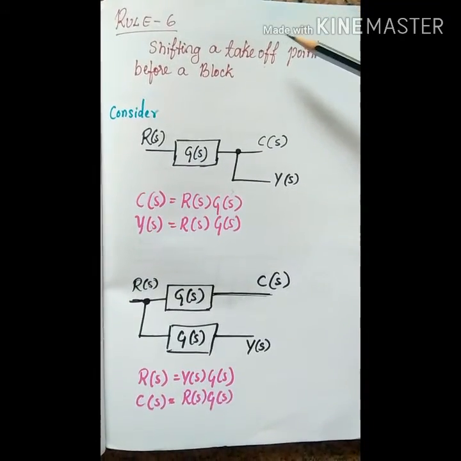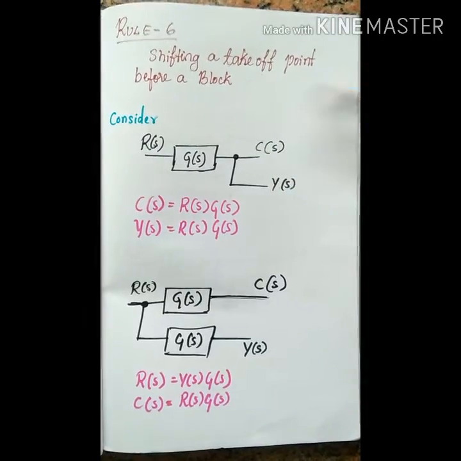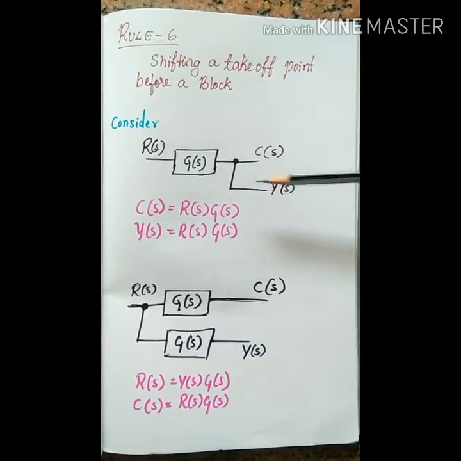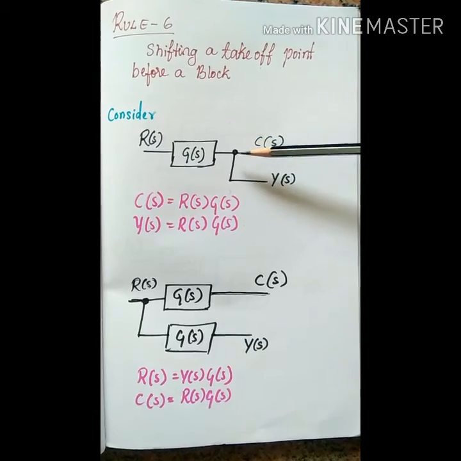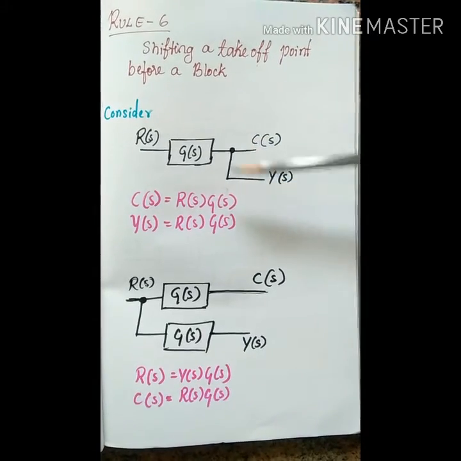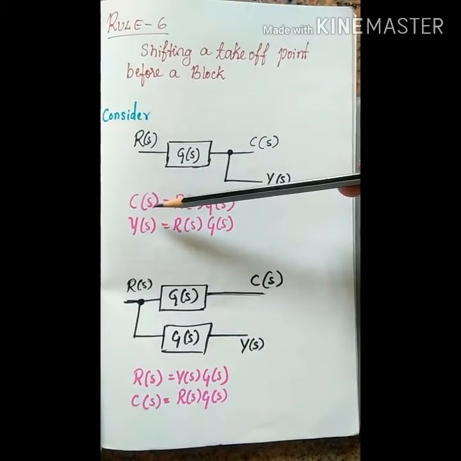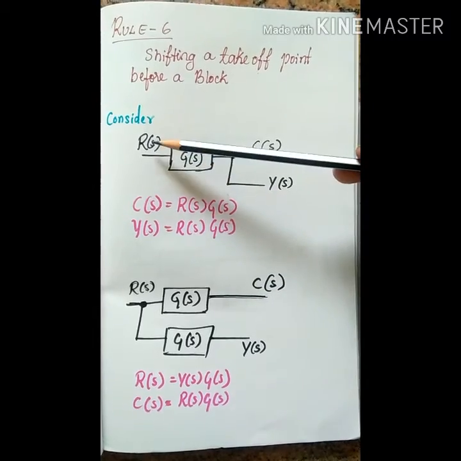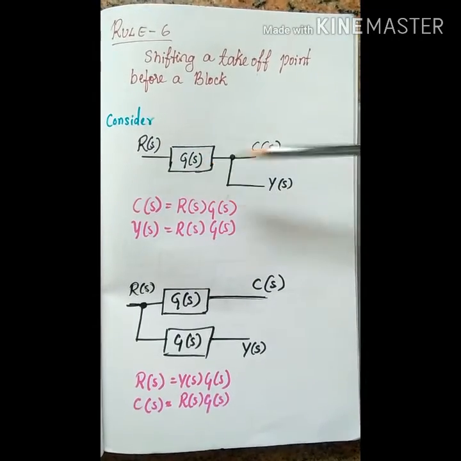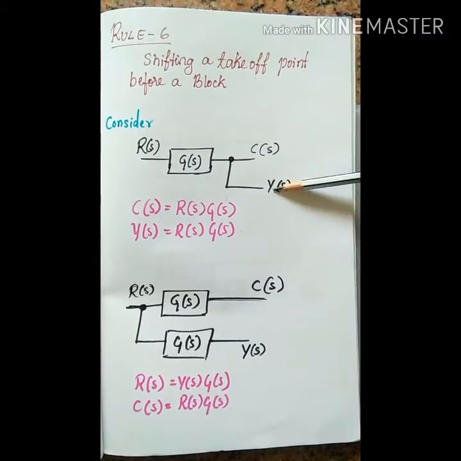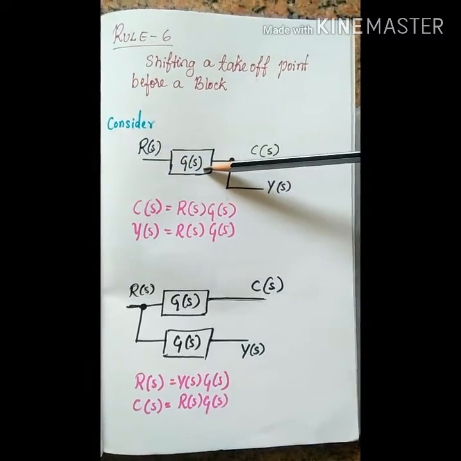Now rule number 6, which is shifting the takeoff point before the block. Now here the takeoff point is Y of s, and the C of s for this block diagram is R of s into G of s, and Y of s is simply R of s into G of s.